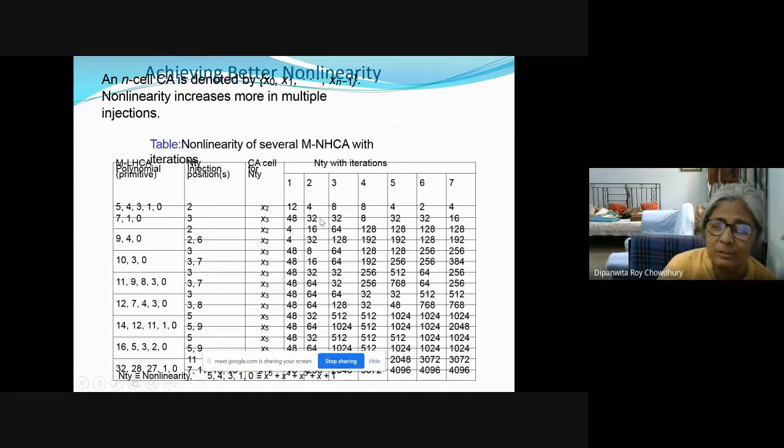If I inject one fault and then after these many cycles, why are cycles so important? Because these are with any value. When you have injected one fault, that also gives another key or another cipher state. Then also the nonlinearity, we are getting this thing.